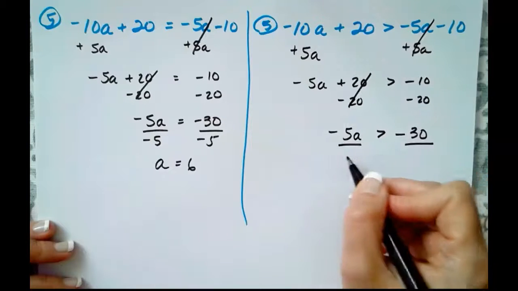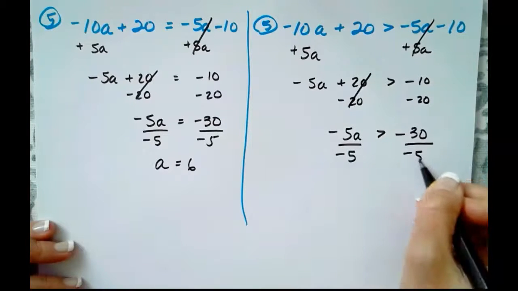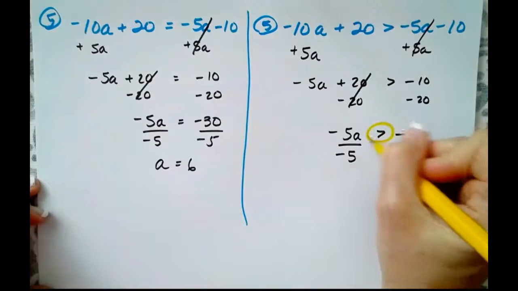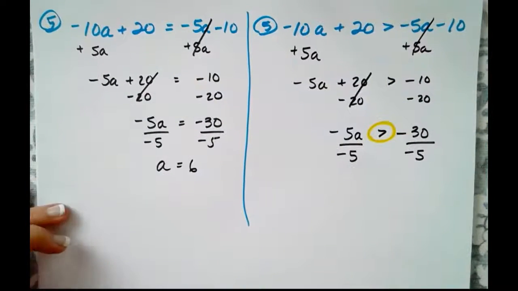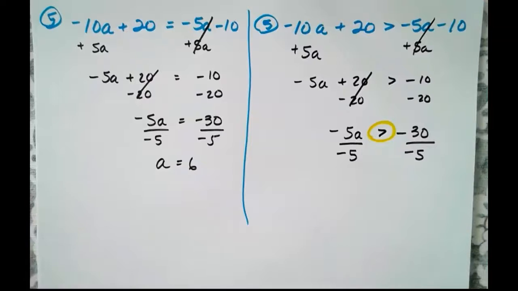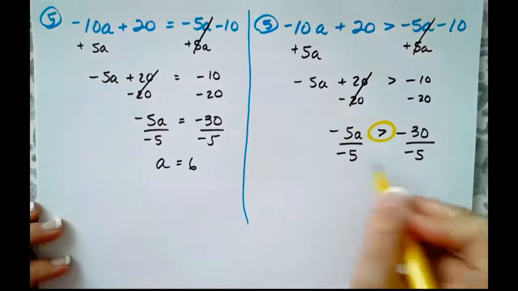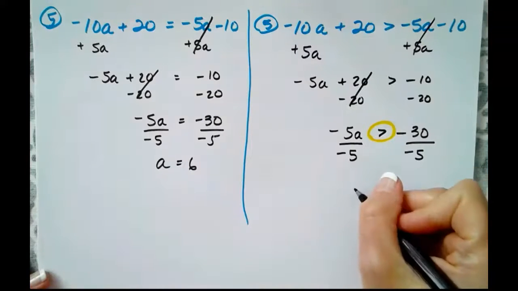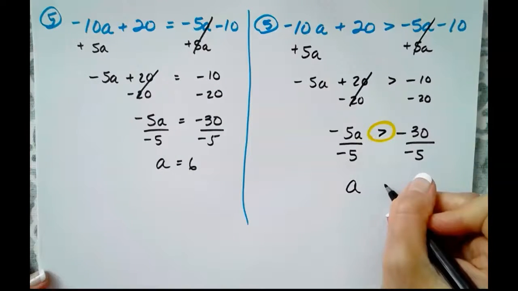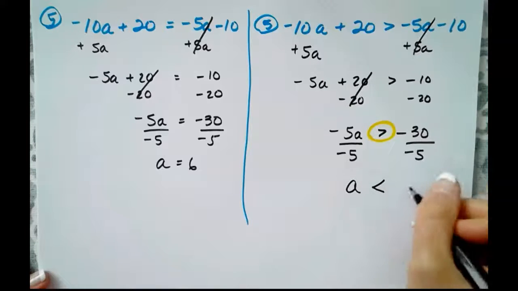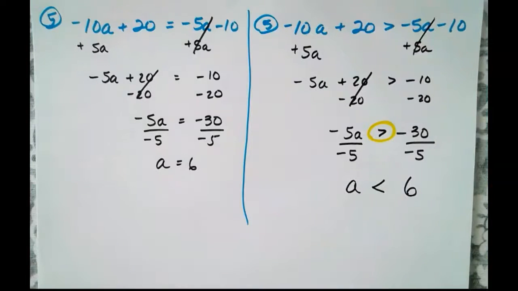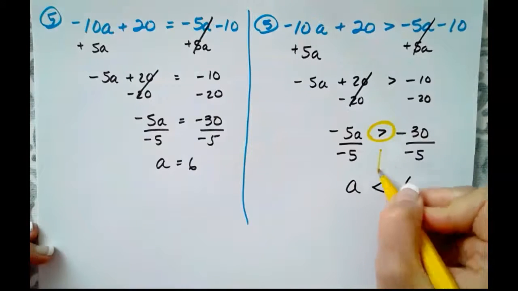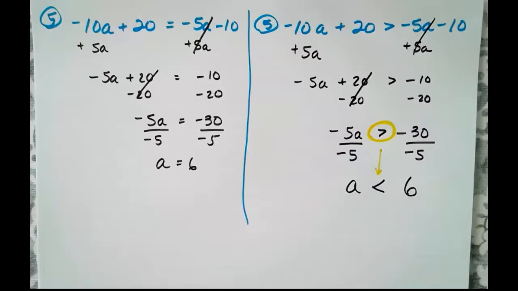And this time I am dividing by a negative. This is the glitch. So I'm going to circle the inequality sign right here. And here's the deal. Whenever we multiply or divide by a negative sign, the inequality sign is going to flip. So what was greater than is now less than.